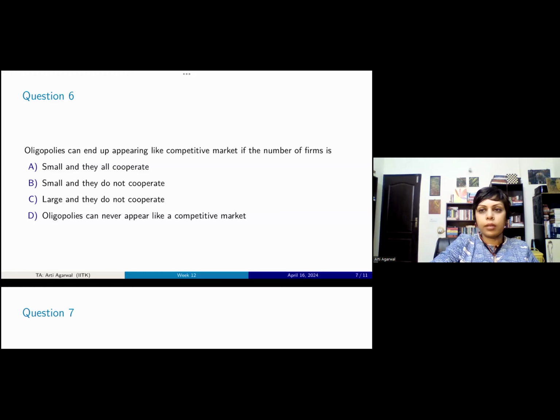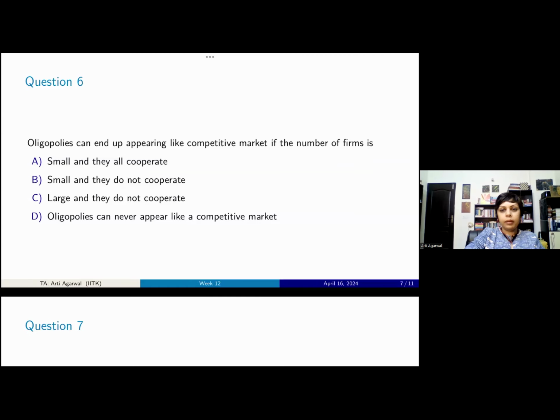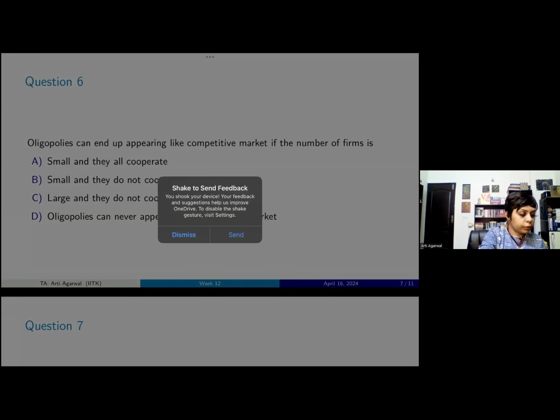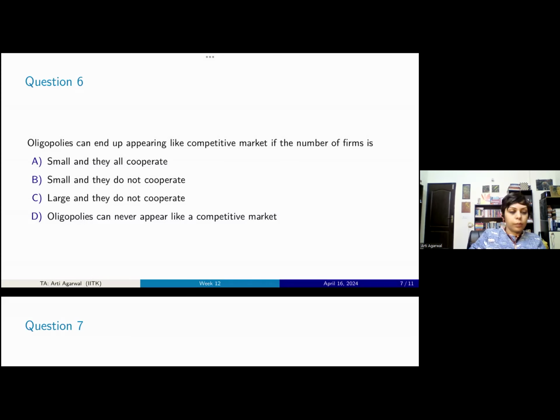Yes, so one of you has answered. In an oligopoly, the main condition in which they don't need to be treated as an oligopoly but can behave like a competitive market is when there are a lot of firms and they are not colluding.